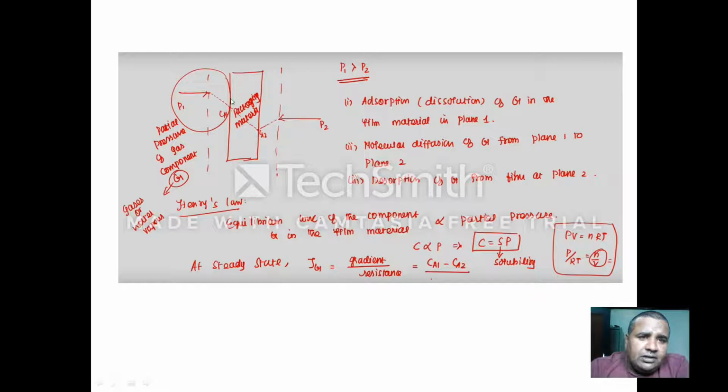First, there is very little concentration of the gas molecules in the film in comparison to the gas molecules in the environment. So first of all there will be a transfer, and adsorption will start.